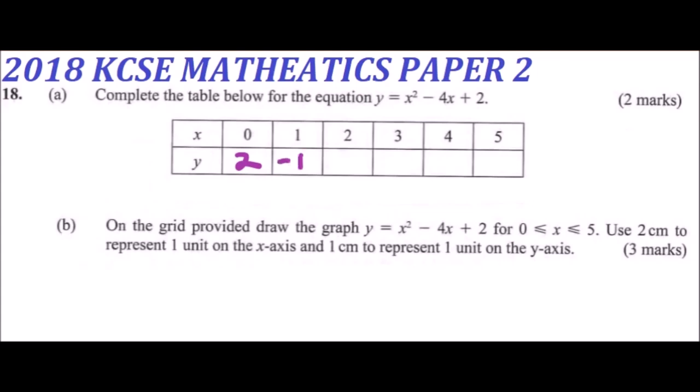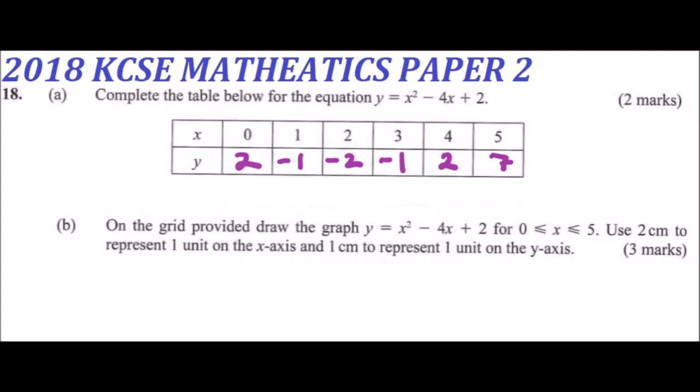When x is 2, this will be 4 minus 8, that is minus 4 plus 2, that gives you minus 2. When x is 3, you get y is minus 1. When x is 4, you get y is 2. And when x is 5, you get y is 7. So those are the values that you get, and by feeding the correct values, you get yourself 2 marks.